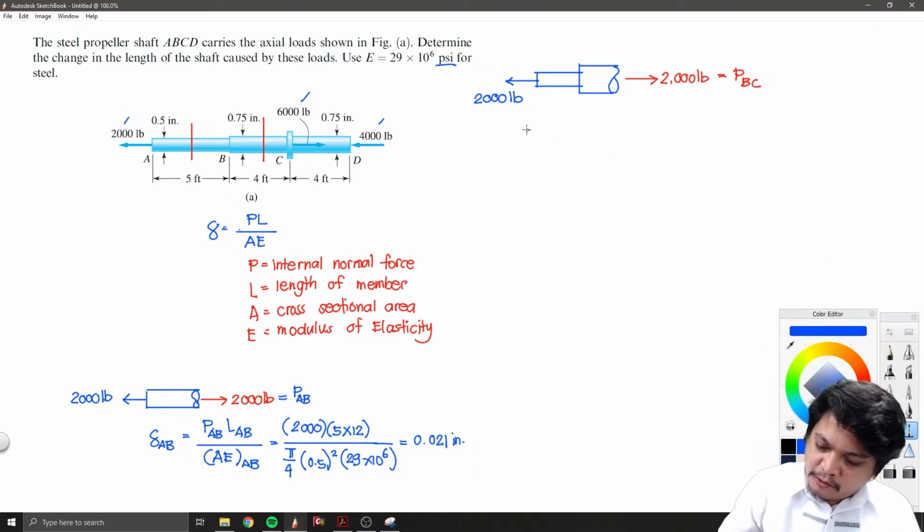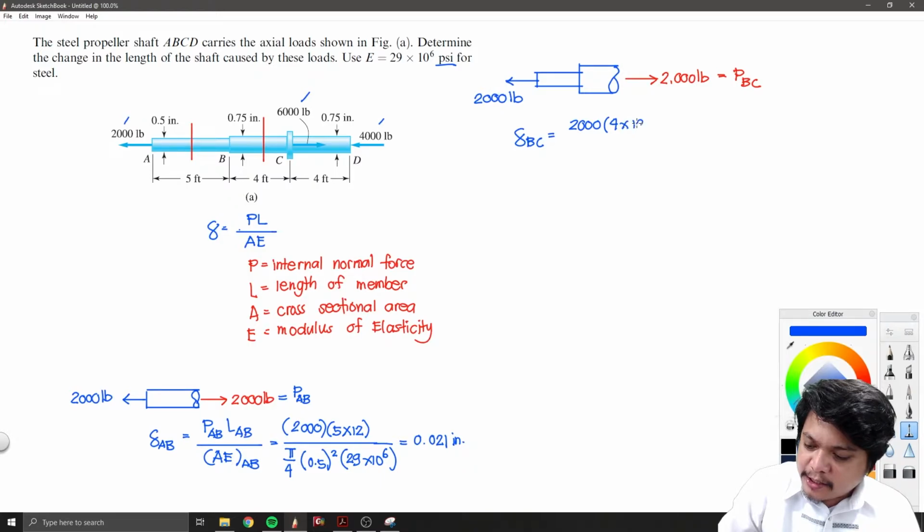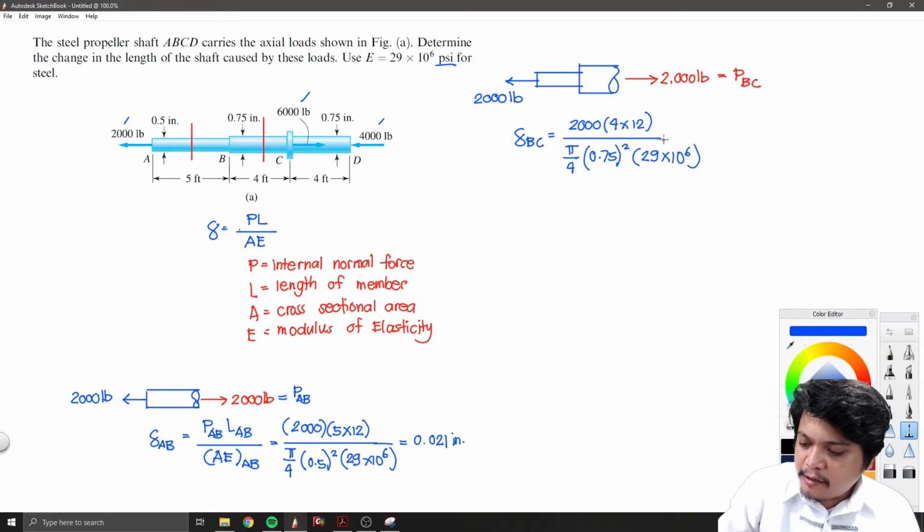So, we will be having deformation of the BC equals P, 2,000. L is 4, gawin na nating inches. PL all over A, so pi over 4. Ang A natin is 0.75 squared, and then E of 29 times 10 to the 6.